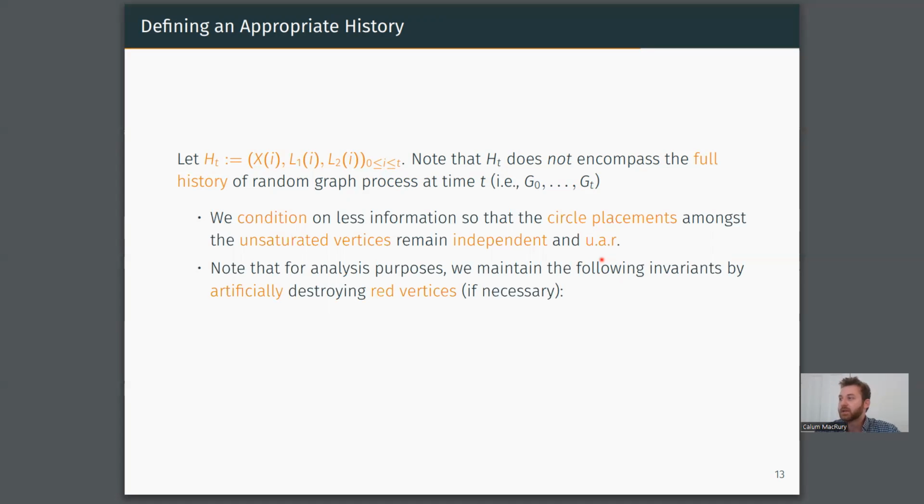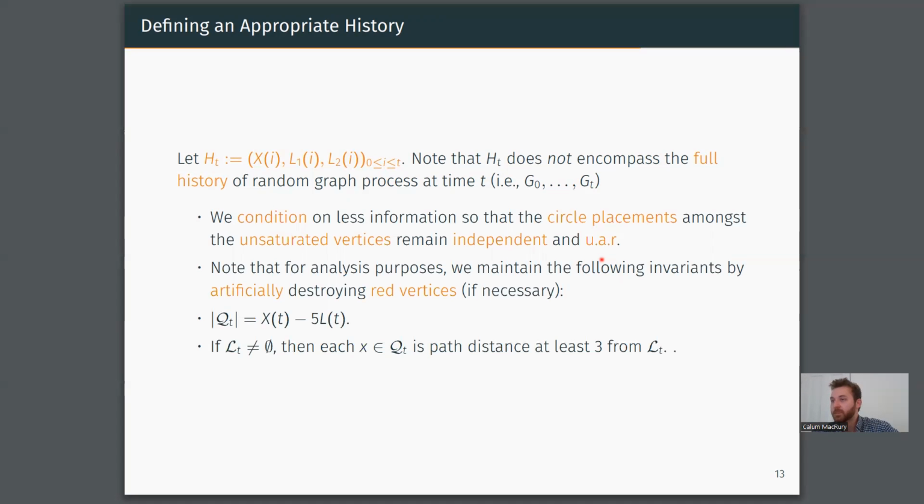Finally, we also need to maintain the following invariants, and we'll do this by artificially destroying red vertices. Firstly, the number of permissible vertices, so places where we can add a red vertex, is going to be X_t minus 5 times L of t.